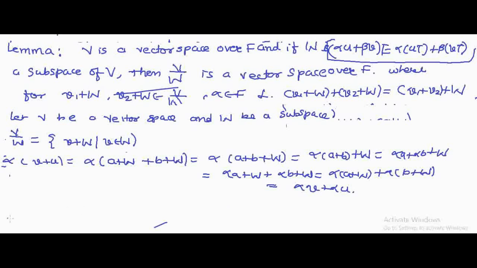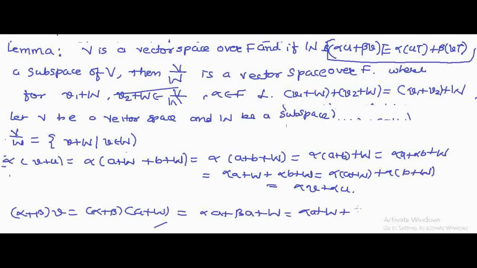Now second property of the vector space, (alpha + beta) into v equal to (alpha + beta) into (a + W) equal to (alpha a + beta a) + W, or this is same as (alpha a + W) + (beta a + W).